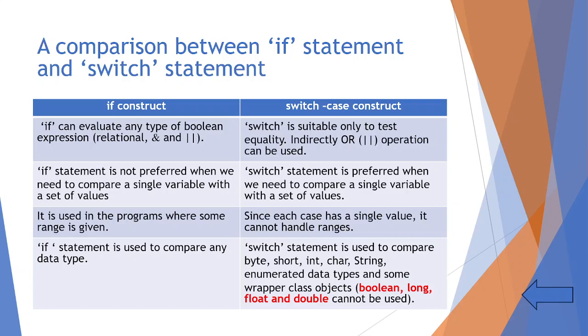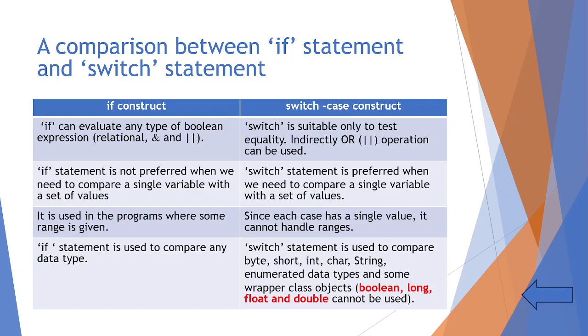And also if is used in programs where some range is given. This is discussed already, and switch cannot handle ranges. And if statement is used to compare any data type, any relational expression. But switch statement cannot use boolean, long, float and double.